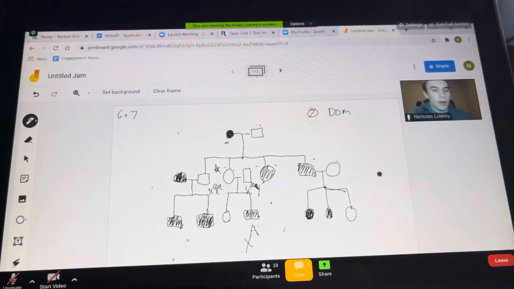Okay, so we can instantly rule out both dominant options, which leaves us with only the question of whether it is autosomal or sex-linked.